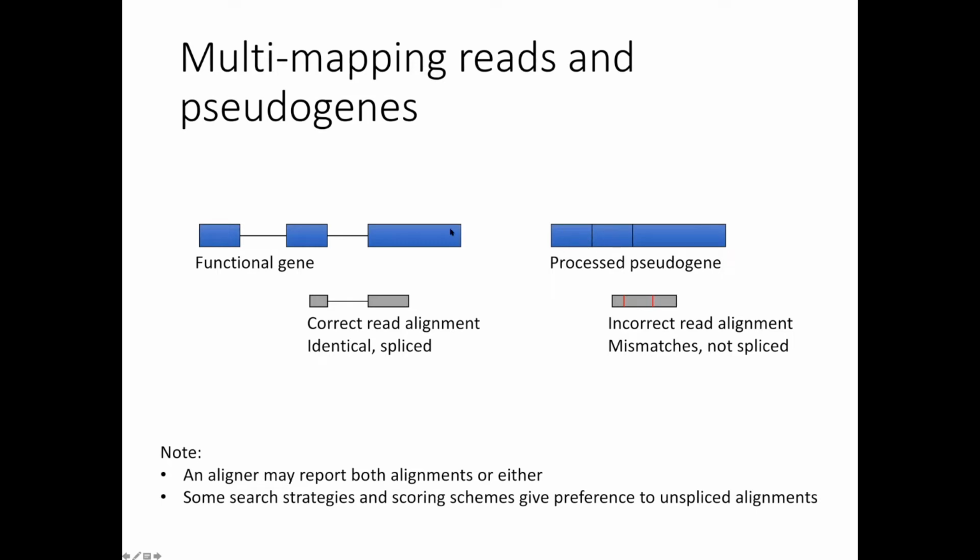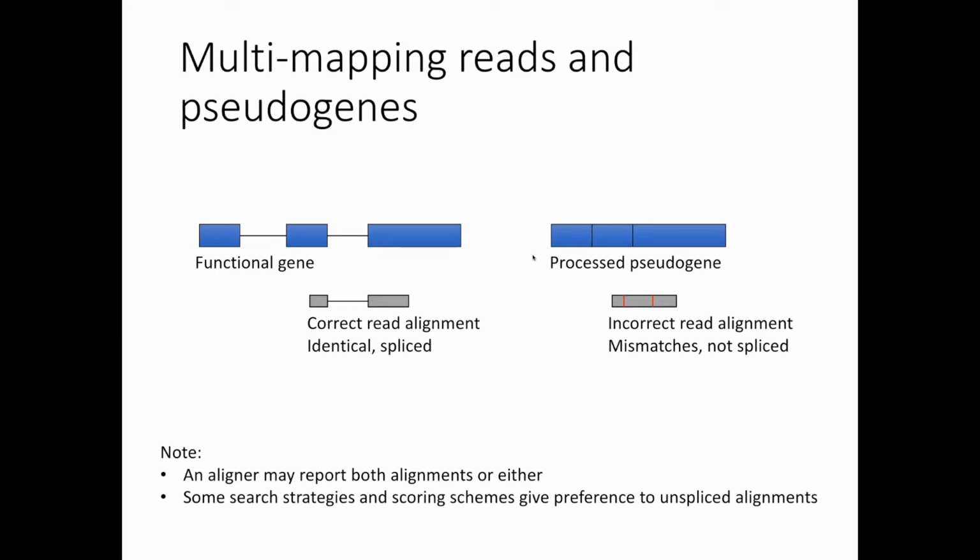And how do you distinguish if it should go to the functional gene location or to one of these processed pseudogenes? That's not easy to tackle, but the problem it raises is that the programs can't really penalize opening up for introns when they're mapping, because then we would favor mapping to pseudogenes instead of the functional location of the gene.